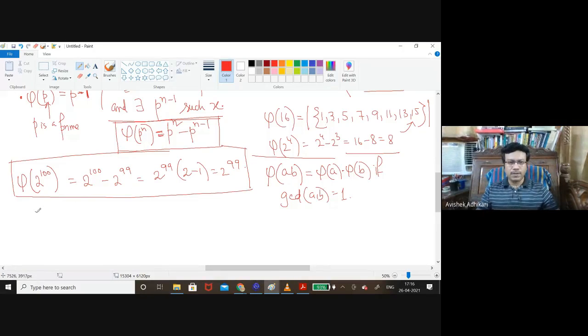Okay, that means what is the value of, say, 35? Quickly tell me, what is the value of phi of 35? Then phi of 7 into phi of 5, because 7 into 5, a and b, they are relatively prime. So this is 6 into 4, that means 24. Very easily now you can calculate.